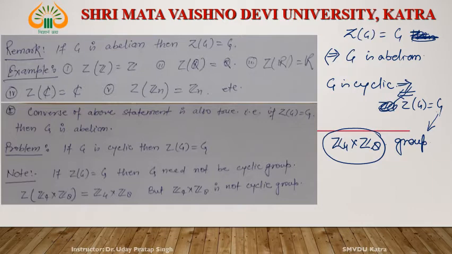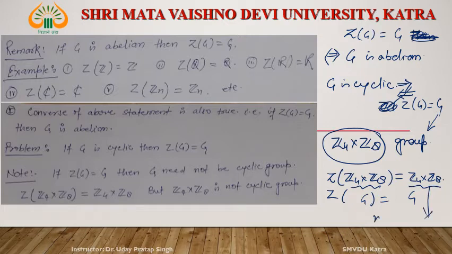And what is Z of Z4 cross Z8? Then Z(G), if suppose this is G, is equal to G. But this group is not a cyclic group.